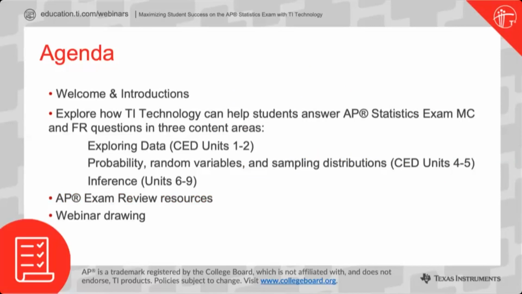And we're going to focus on three major content areas: exploring data, probability, random variables and sampling distributions, and inference. At the very end of the webinar, you want to stay tuned because we're going to have one slide that will share a bunch of resources to help you review for the AP exam. And then, of course, you definitely want to hang around for the webinar drawing.